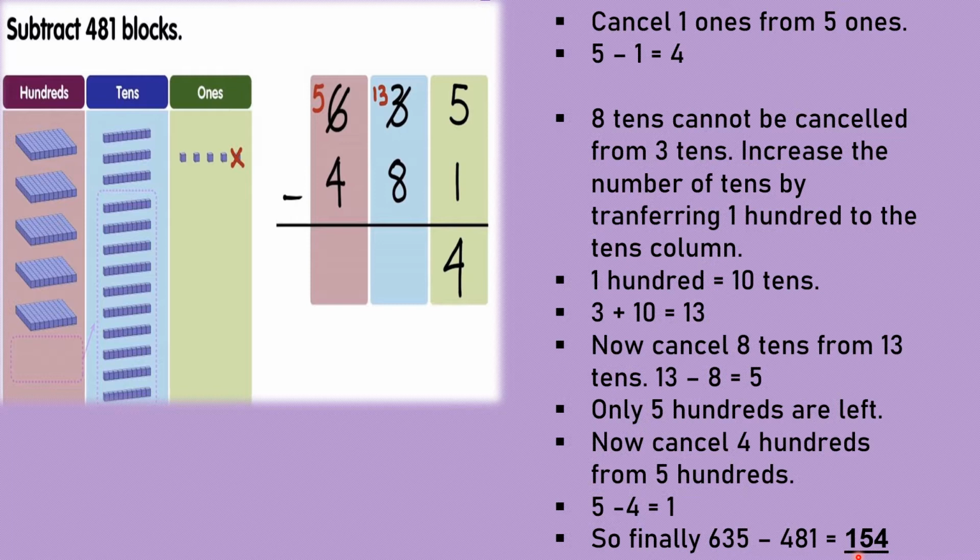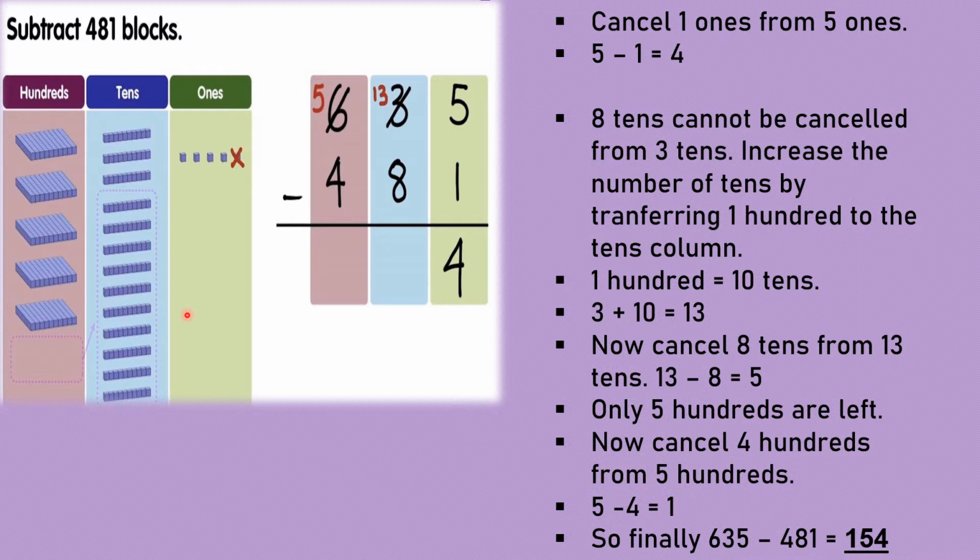So this is how you use the place value method. You distribute the digits into their separate place values, and then you cancel the ones from the ones, tens from the tens, hundreds from the hundreds, and then if there is not enough material in any column.